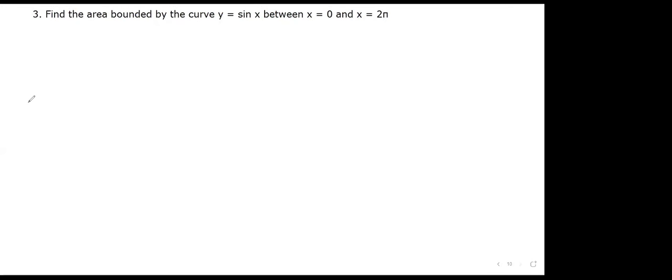First we need to draw the graph of the curve sine x.